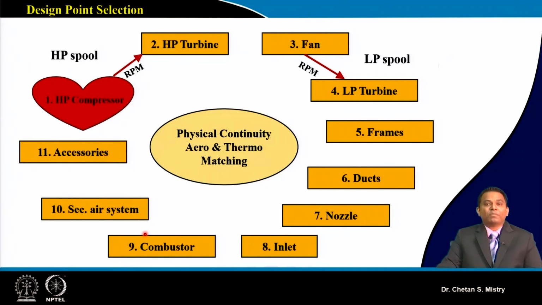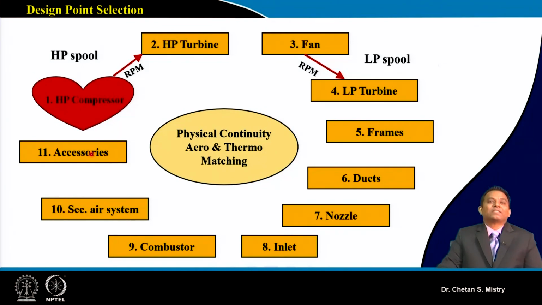The combustor is not something mechanical design people look at majorly, but as and when required, certain modifications in design need to be accommodated. We will have the secondary air system, which is not a priority, but it is of importance, as it directly impacts the weight of the engine.